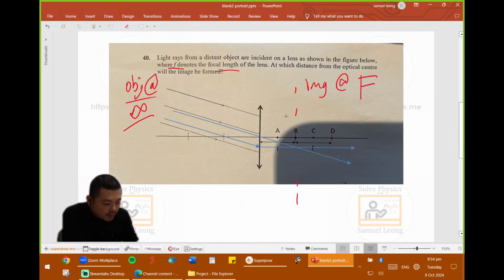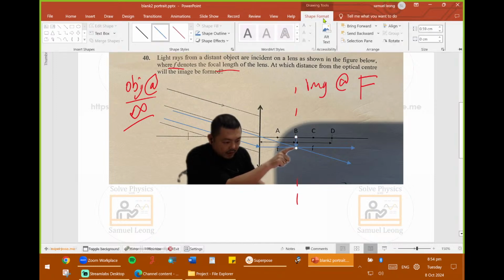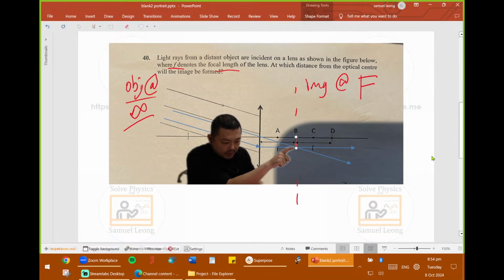The image will be just right here. You see where the two lines cross here? Yeah. The image head will be there. Like right here, like this. Right, the image head will be here. I'm gonna just choose red color for you to see. Down here. That's where the image will be.